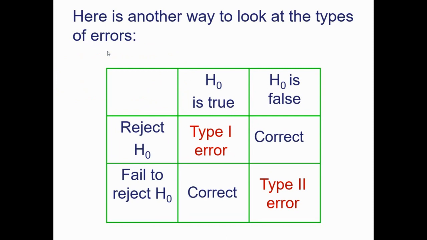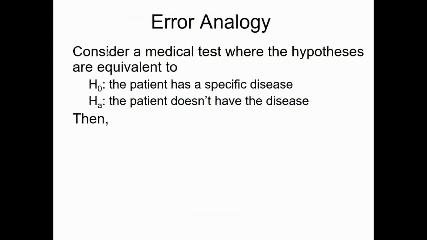So to make an analogy with these to better understand them, let's look at a medical test. And since everybody's talking about COVID, let's tie it to that. Let's say the null hypothesis is that the patient has COVID.